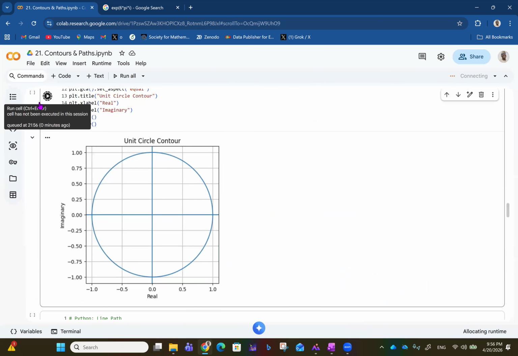So now we have that the integral of 1 over z dz over gamma is actually the integral from 0 to 2 pi of i dt. So i is constant, so i comes out: i times the integral from 0 to 2 pi of dt. If you integrate dt, you get t as usual. So this is t from 0 to 2 pi.